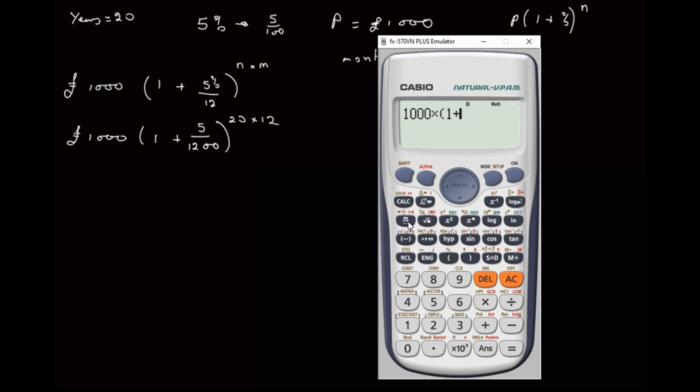Let's use the fraction setting. 5, denominator 1200. Come out of the fraction, close the bracket. Open a bracket, you've got to close it. Now it's raised to a power, which is this one here, and it's raised to the power of 20 times 12. And that gives me this value here.